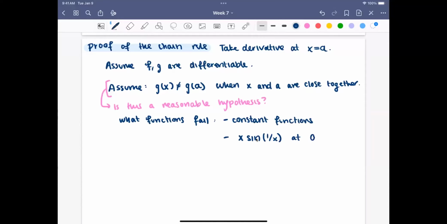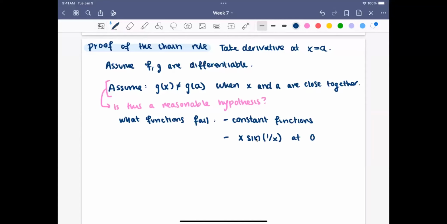If I zoom in, no matter how far I zoom in, there's always going to be some value of x where I plug this in and sine of that thing is equal to 0. And that equals the value of the function.